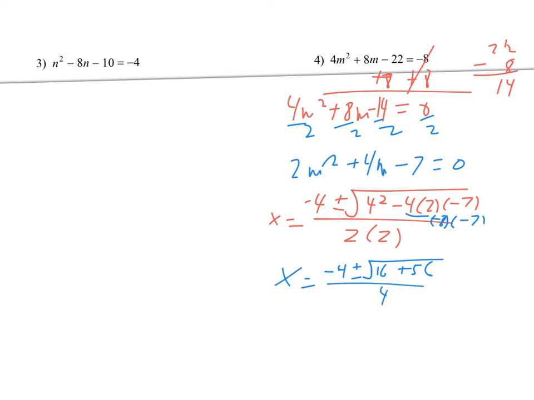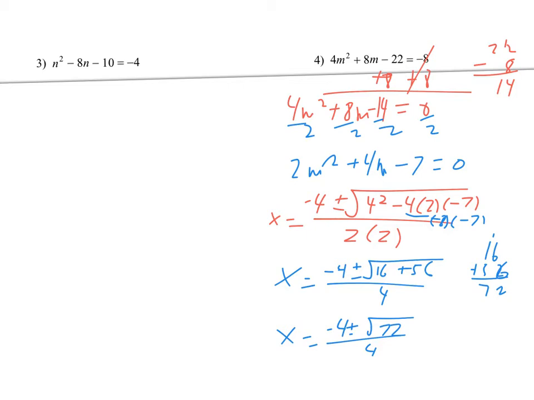So now we'll do our addition. All right, so now I'll add these two together. 16 plus 52. Oh no, plus 56. So that'll be a 72. So x equals negative 4 plus or minus the square root of 72 all over 4.